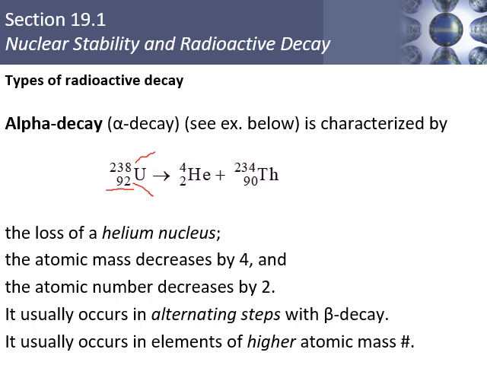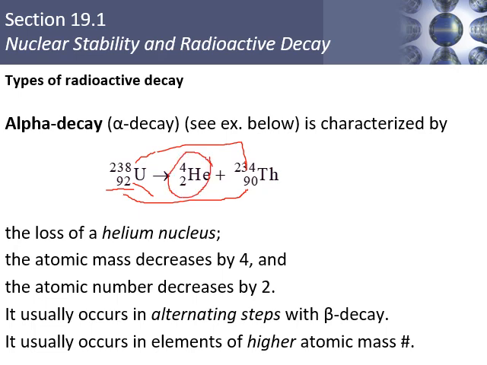Now, the reason the atomic number only drops 2 is because the helium nucleus only has 2 protons, so you're going to drop from 92 to 90. And then you're also going to lose out of your mass the 2 for the protons and also 2 for neutrons. So it goes down by 4, so it would go from 238 to 234. And you also produce what is called an alpha particle, which is a helium nucleus.